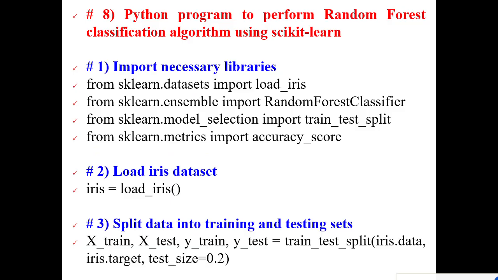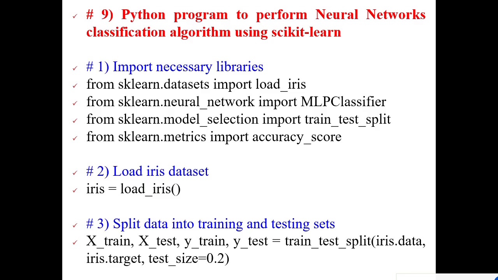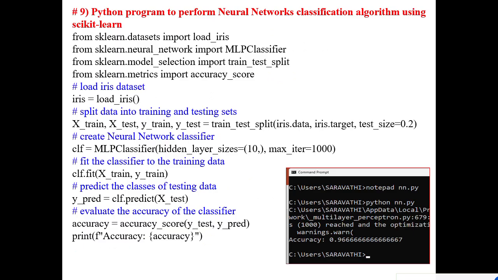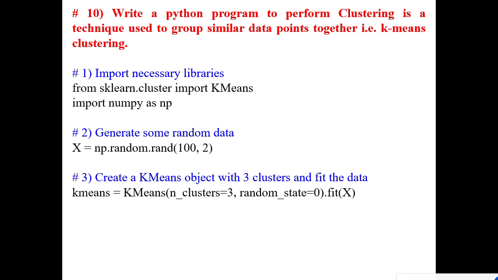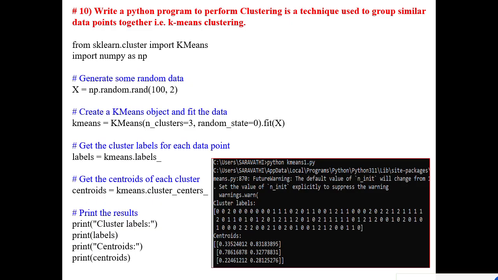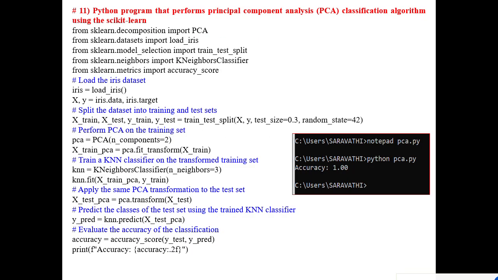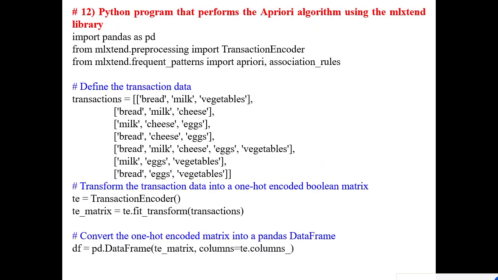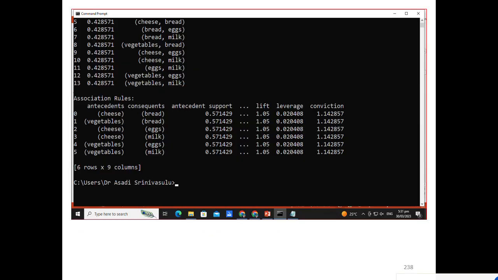Then random forest algorithm, then neural networks, then a clustering algorithm, the k-means clustering algorithm. Then principal component analysis, the 11th program. Then we implement the association rule mining algorithm, the apriori algorithm.